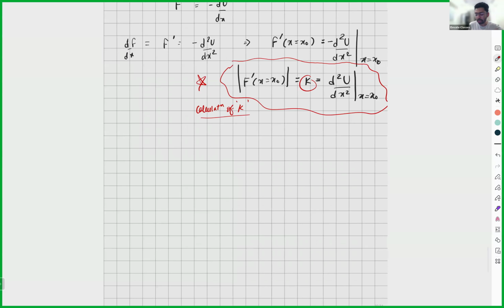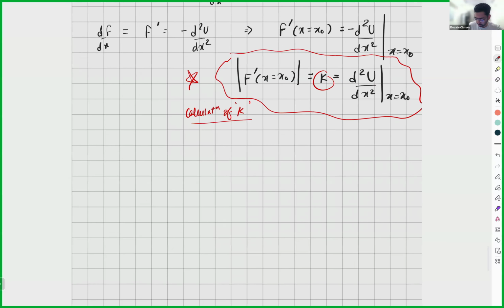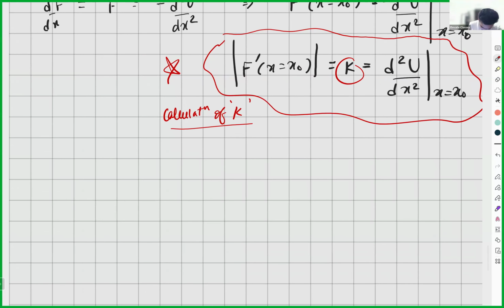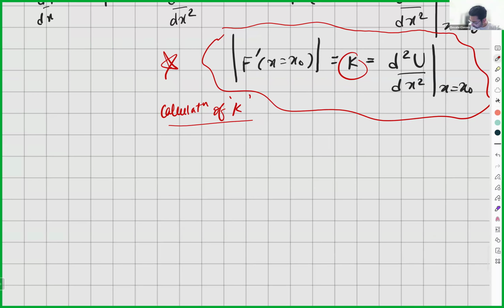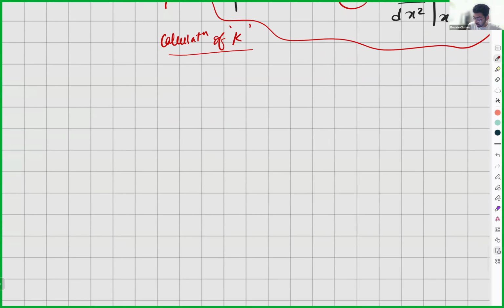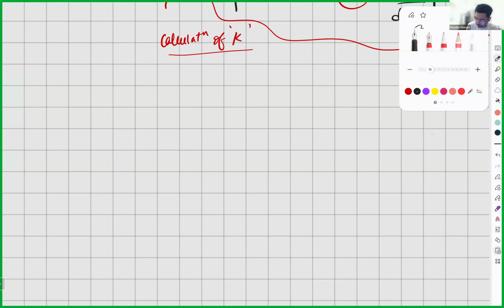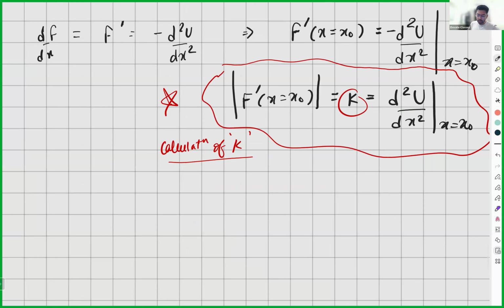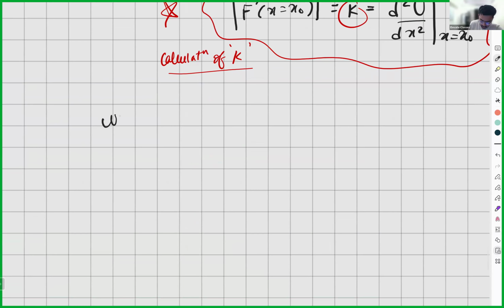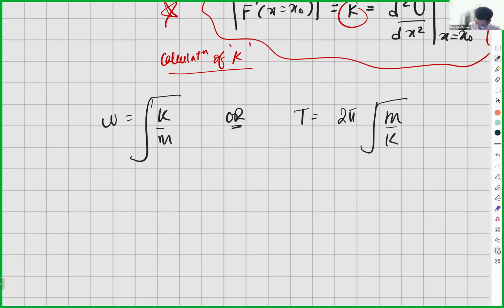You should understand what cheating the teacher has done actually. To avoid the Taylor expansion, I have done this. So this is how you calculate this k, which is the double derivative of U or the single derivative of force at the mean position. You just put it into omega, or you can calculate the time period using this formula.